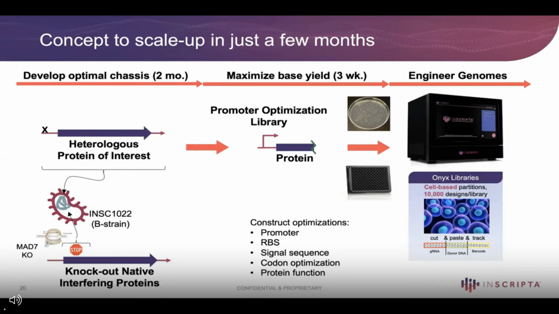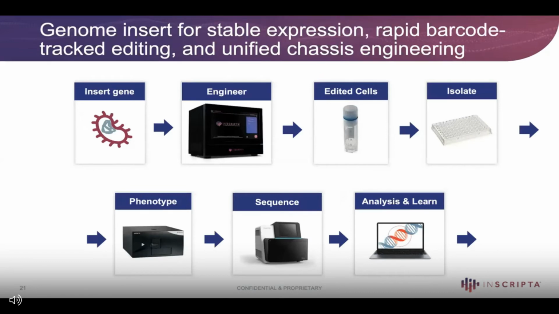We can, in high throughput, identify the variants that are showing the improvement. So that's what the workflow looks like. We insert the gene. We do an Onyx engineering run. We take those edited cells and isolate the individual variants of interest. And then we take that towards phenotyping, sequence the outcome from the winners, and then analyze and learn, and feed right back into the engineering cycle.